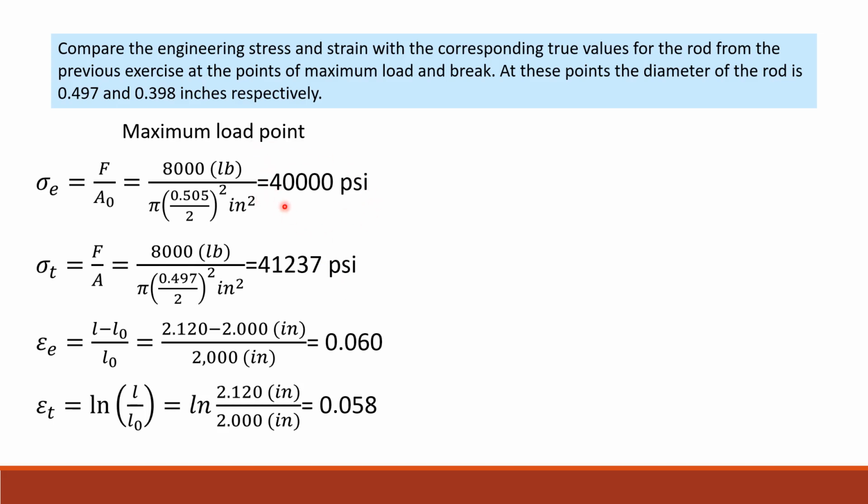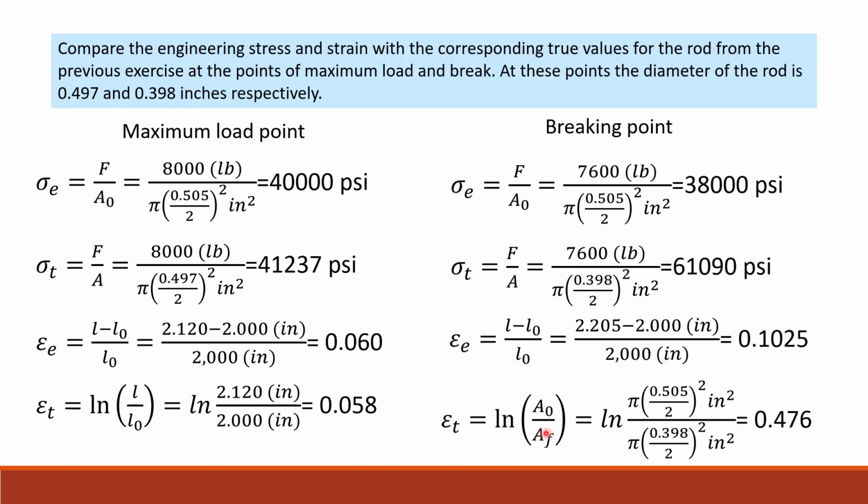This is the stress, the true stress. Again, if we go to the breaking point, these are the stresses, ideal so to say, and true. And again, ideal and true.